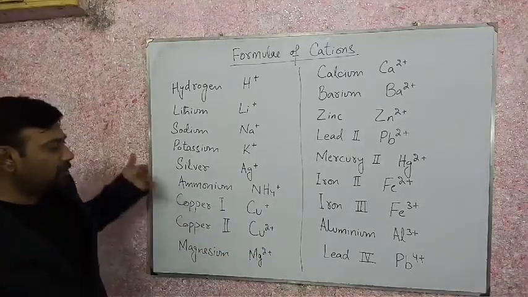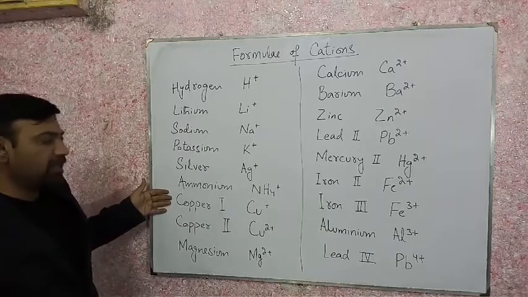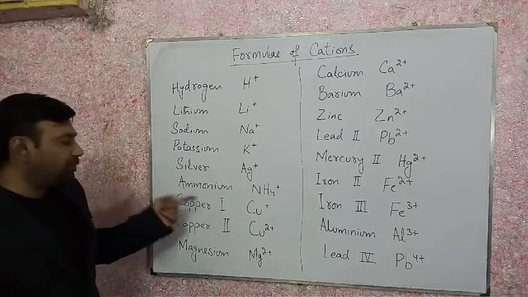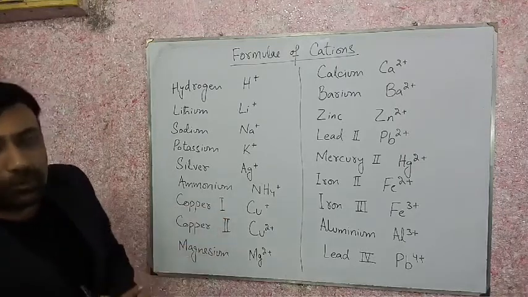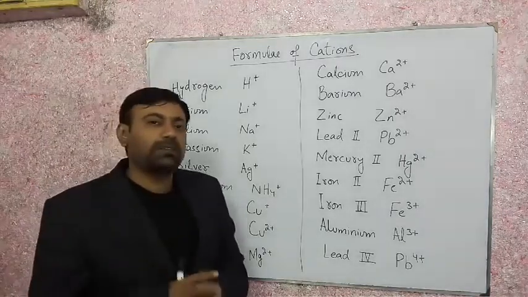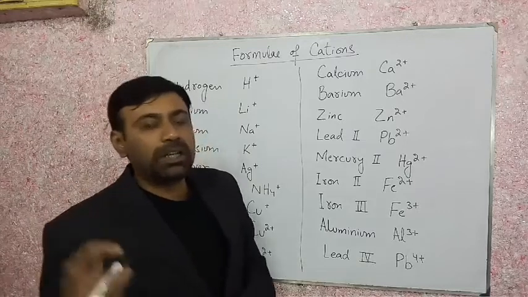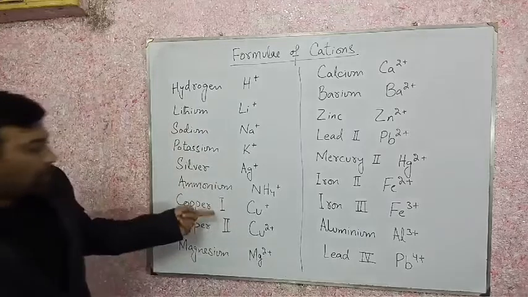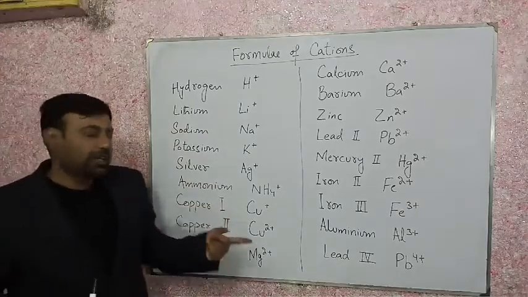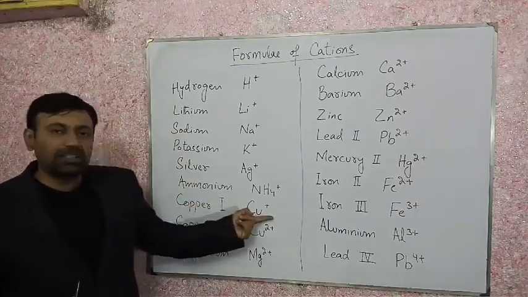And now, coming to the transition elements, their charges can be predicted from their names, like copper(I). Whenever copper is involved in an ionic compound, you will never hear just the term copper. It would either be copper(I) or copper(II). So that 1 or 2 represents the charge on it. If it's copper(I), the charge is +1.